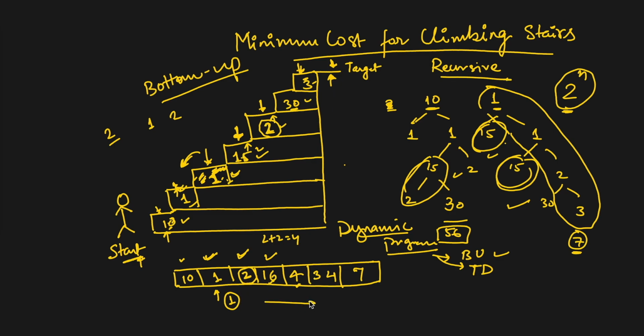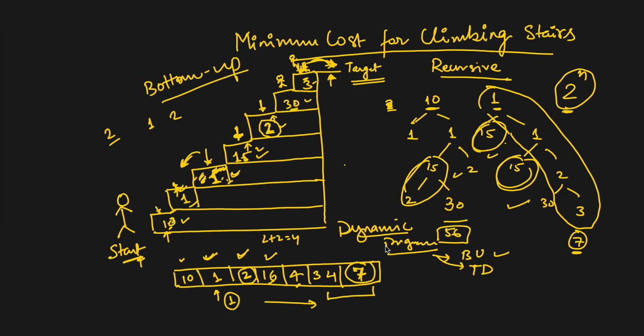So now our array is constructed, and our final answer would be the minimum of the last two, because either you are standing here or you are standing here, and in one step you can reach your target. In this case we'll pick 7, that means you'll stand here and then go to the target, so the cost is 7.